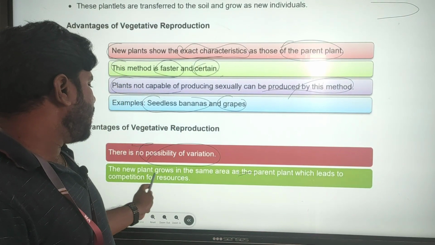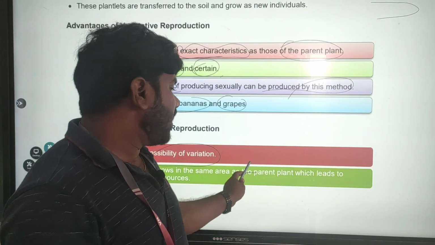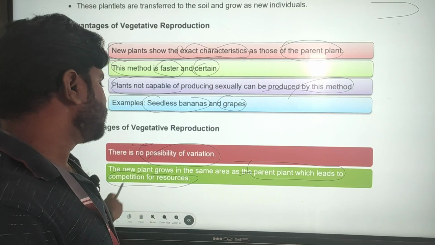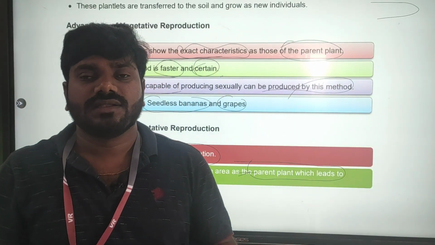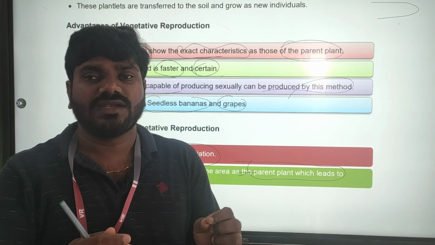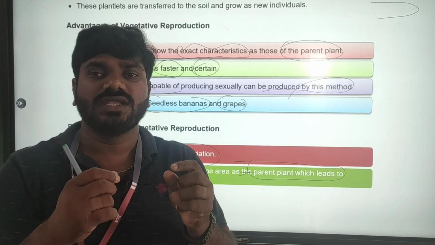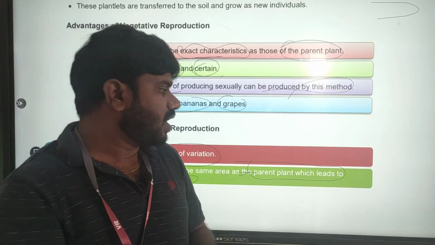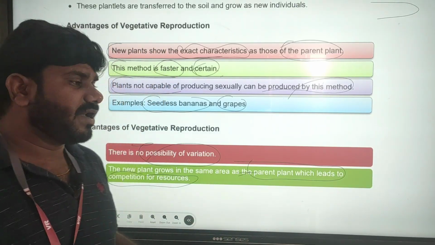Next, the new plant grows in the same area as the parent plant, which leads to competition for resources. For example, in an area there are some vegetatively propagated plants, and these plants will compete for their nutrients, for their biotic and abiotic components. These two are the disadvantages of vegetative reproduction.